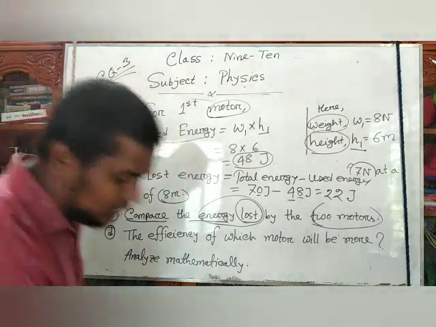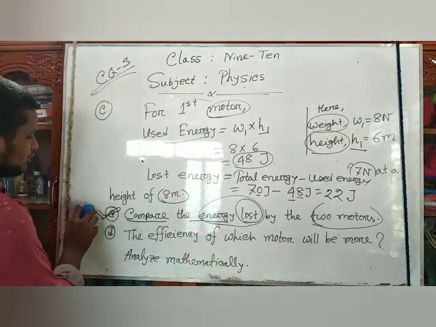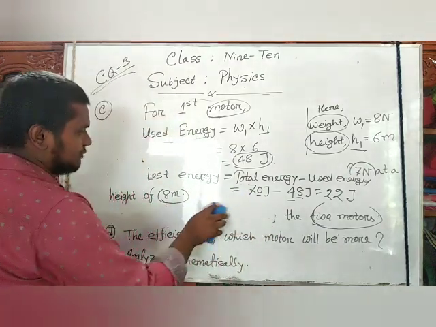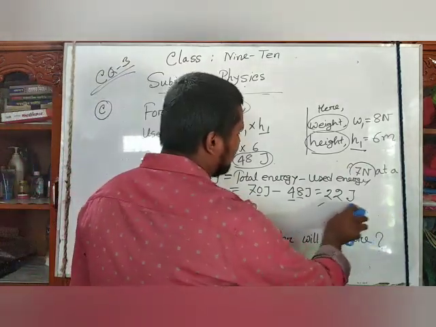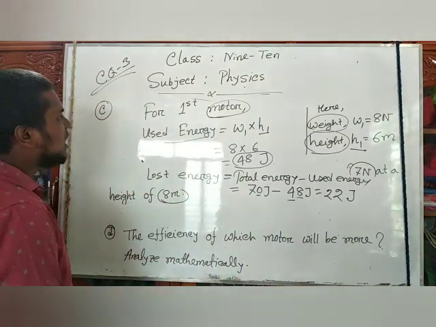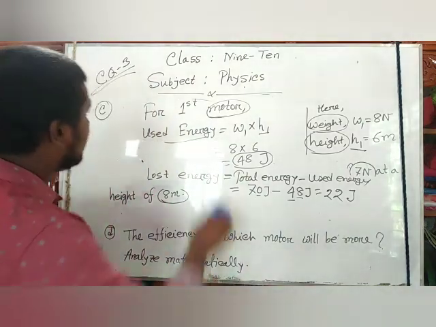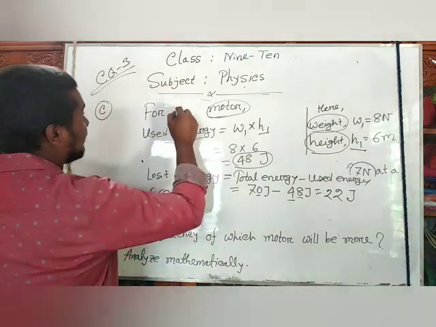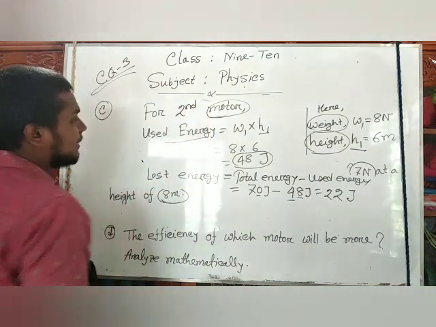Now we need to find out the lost energy of the other motor. You know that this is the same. So for the second motor, what is the used energy?